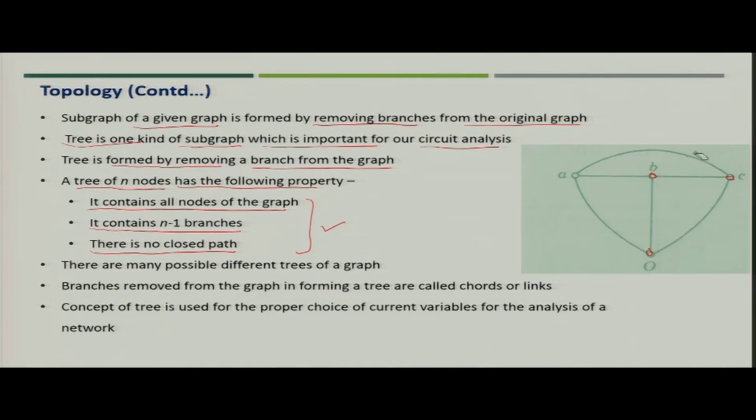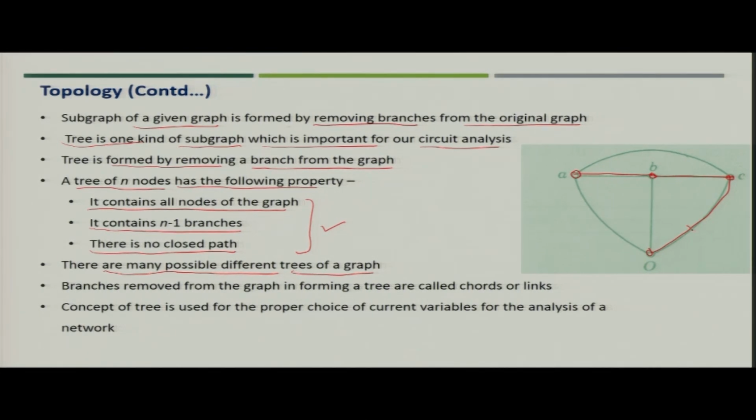Or similarly, you can do one more thing: you can connect in some other fashion like this, and that is again a tree. So, there may be many possible different trees of a graph. If you connect from O to C, C to B and B to A, then you will again find a tree.